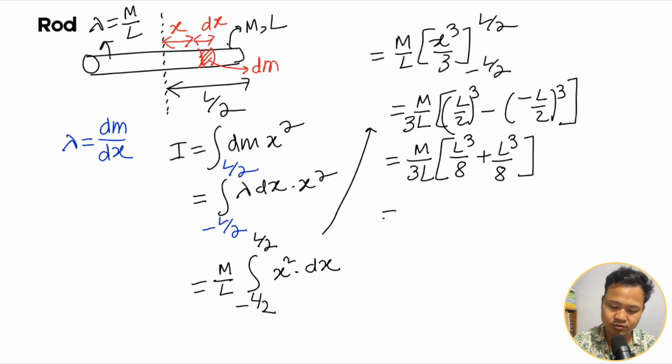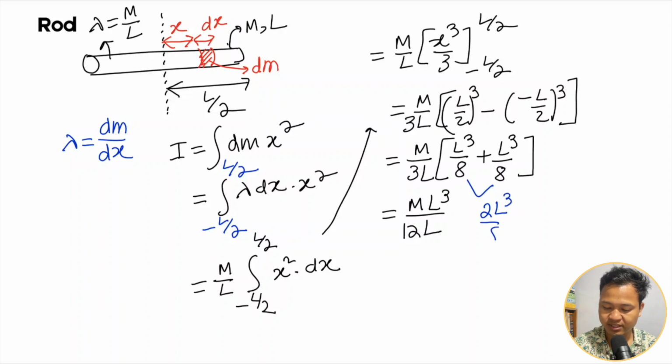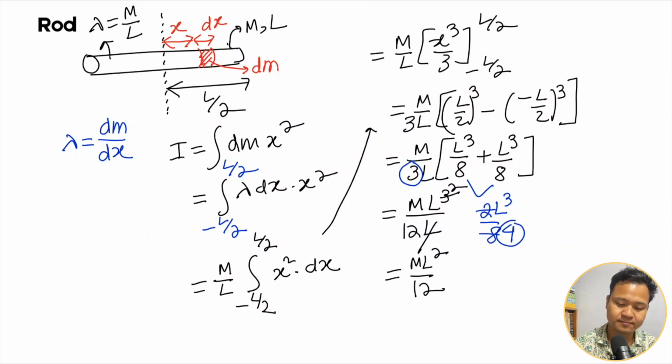So here I will have M into L cube divided by 3 times 4, that is 12L. L gets cancelled out. Finally, you have ML square divided by 12.